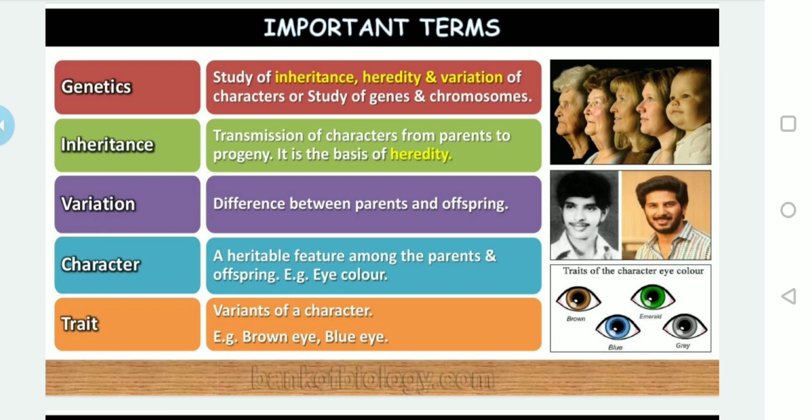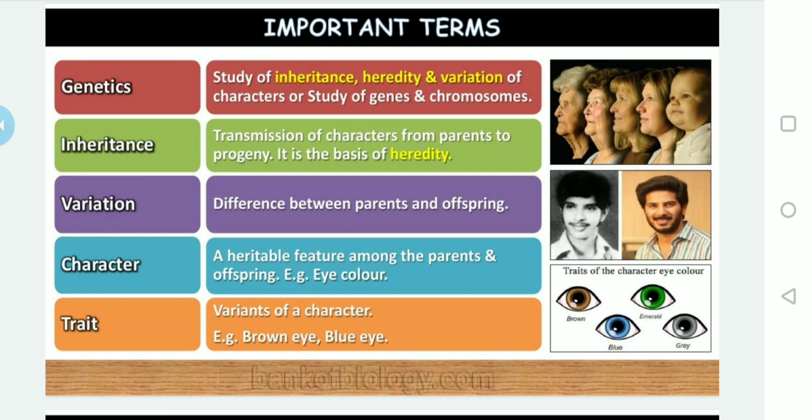Then you can ask me, sir, what is inheritance? Inheritance means the transmission of characters from parents to progeny, or parents to the next generation. It is purely based on heredity. Generally, sometimes they may ask me, why are you short?